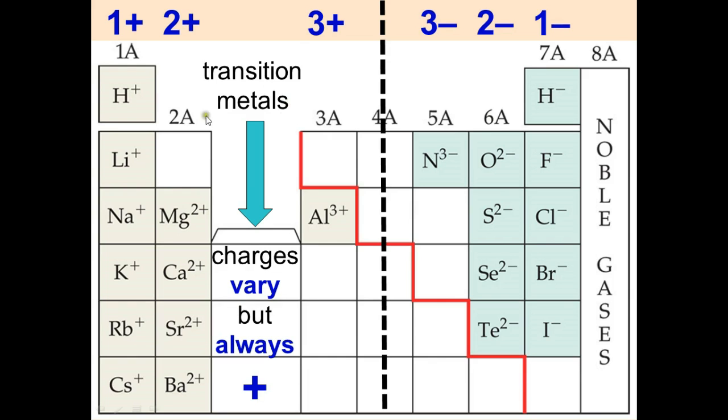You just write the symbol, cross the charges, and so on. And also, if you have an ion or a formula unit, you can reverse the crosses. So instead of crossing down, you can cross back up and tell the charges of each element. That is how you can tell the charges of transition metals, by just back crossing.